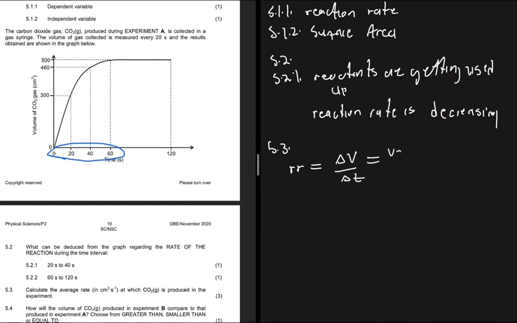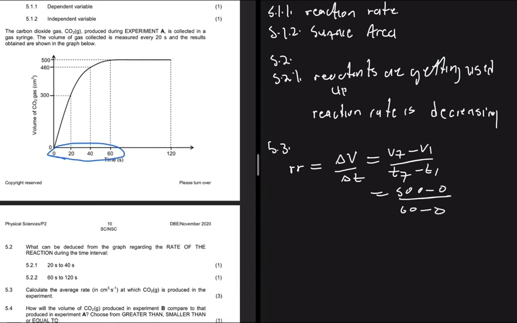So we're going to have volume final minus volume initial, divided by T final minus T initial. So what is the volume final? The volume final is 500 cm³, right? So we're going to have 500 minus 0, because initially it was 0, and then we divide that by T final, which is 60 seconds, minus 0 seconds.